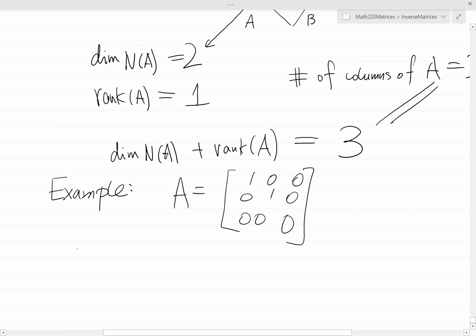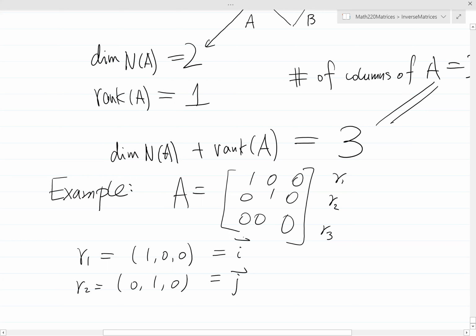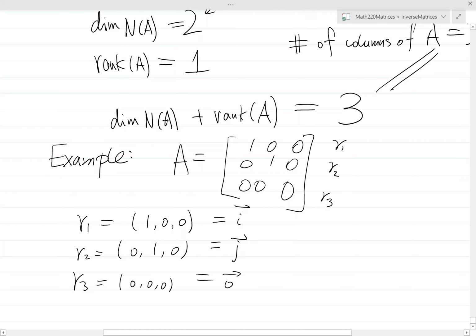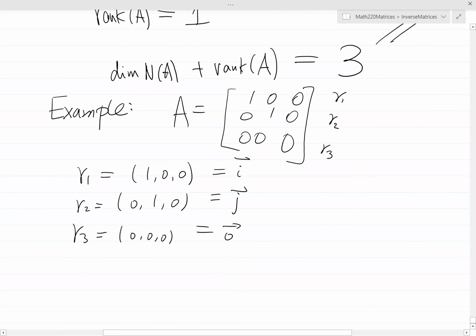So row 1, you see row 1, row 2, row 3. Row 1 is 1 0 0. Row 2 is 0 1 0. So this row 1 is i, row 2 is j. So row 3 is 0, the 0 vector. So the row space is spanned by i and j. This span of i and j spans the XY plane.